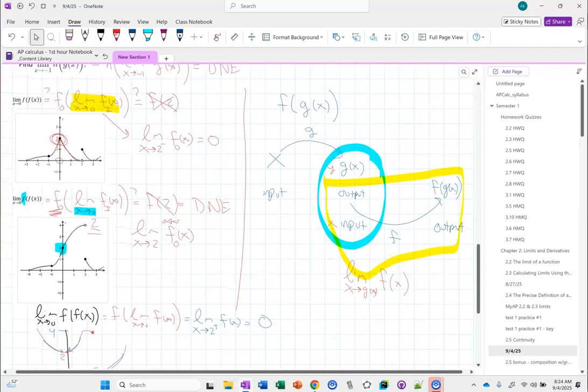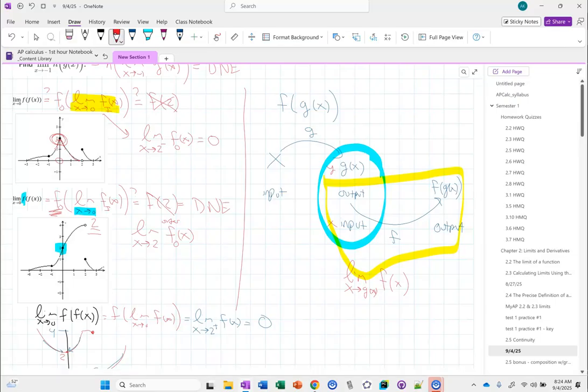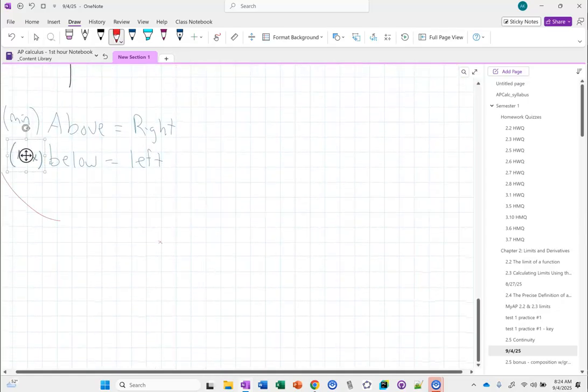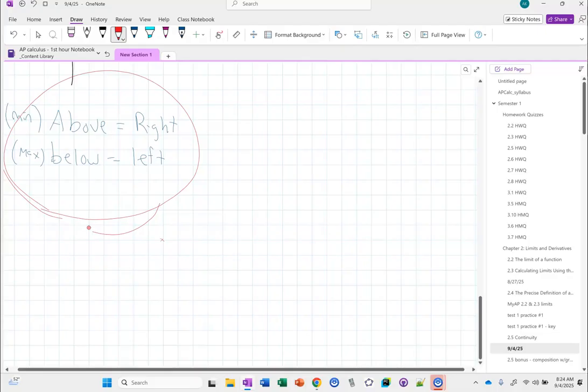When we talk about f of g of x, you plug an x in, a y comes out of g, that y then becomes the x for the outer. So that's why it's just x all the way through. Even though it was a y coordinate for the inner function, it's now the x coordinate for the outer function. This is the takeaway. This right here. That's the piece that you really need. Okay?